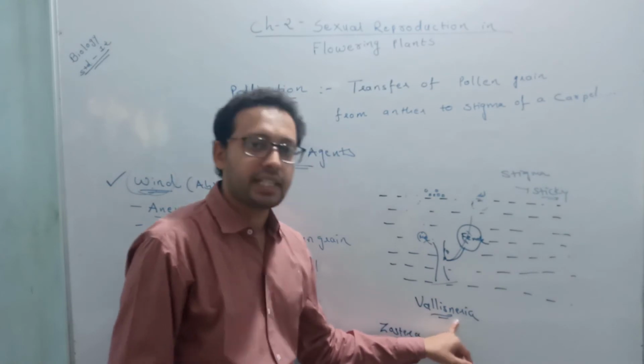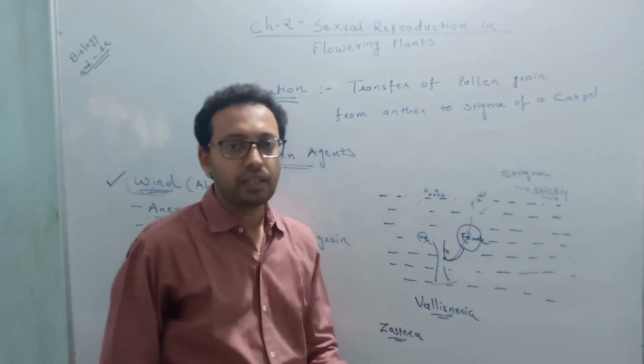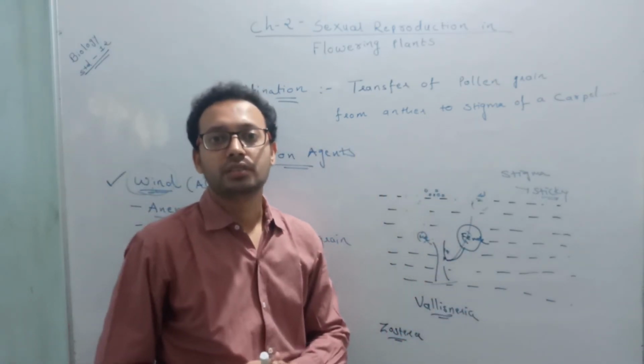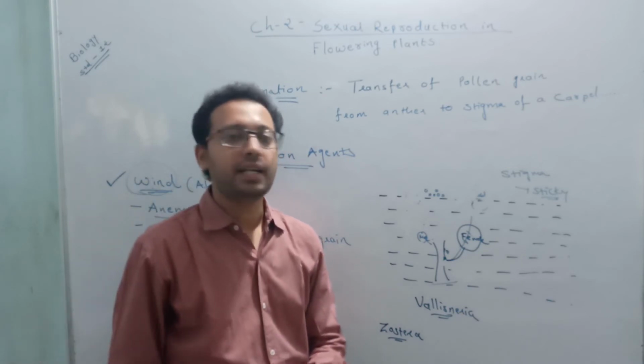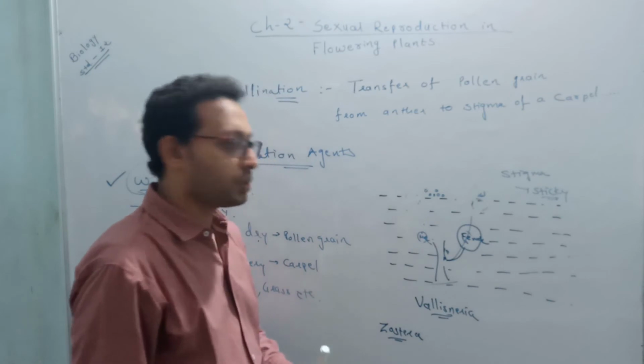Remember, in Vallisneria the pollen grain is released on the surface of the water. In Zostera, the pollen grain is submerged within the water, and this pollen grain is taken up by the stigma of the female flower. That happens in the case of Zostera.